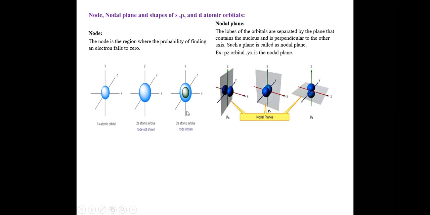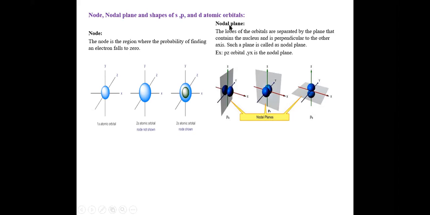But see here the third diagram, at the center portion, this we call a node. That is, it is the region where the probability of finding the electron is zero. That region is called a node.